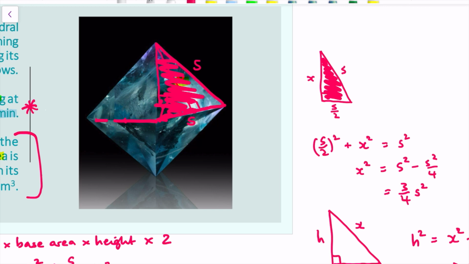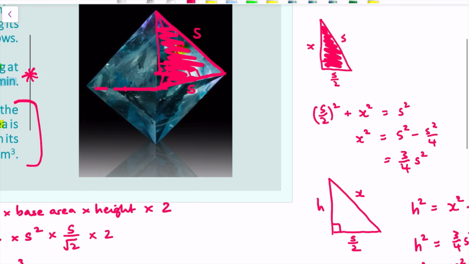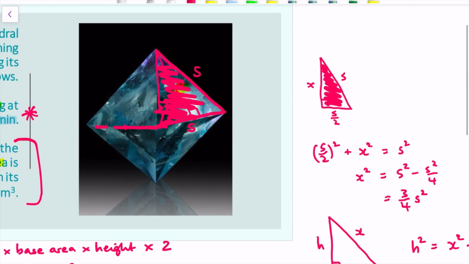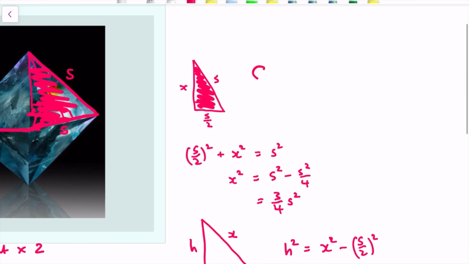And we know what the height is because we worked out x, so we can use half base times height. The surface area expression is 16 lots of a half times base, s over 2, times height, which was x. Turns out I did have to take the square root of x eventually.